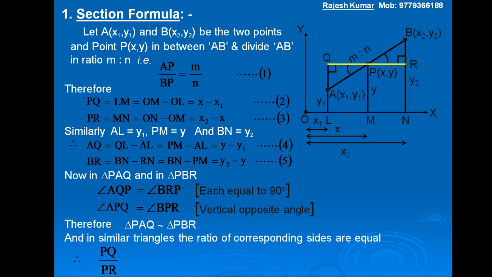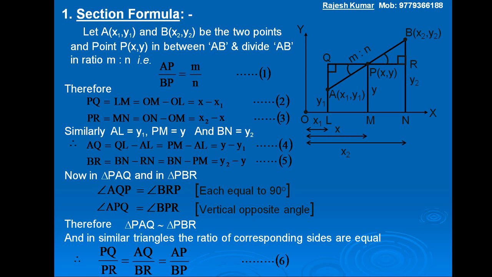So PQ upon PR is equal to AQ, the side of triangle PAQ, upon the corresponding side in PBR, which is BR, and it is equal to the corresponding third side AP upon BP. Let it be equation number 6.